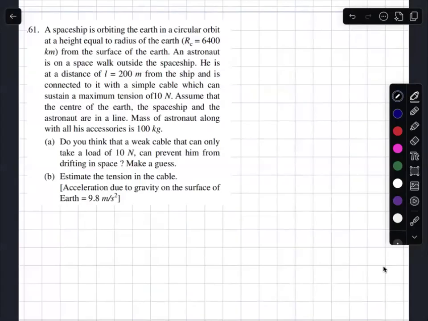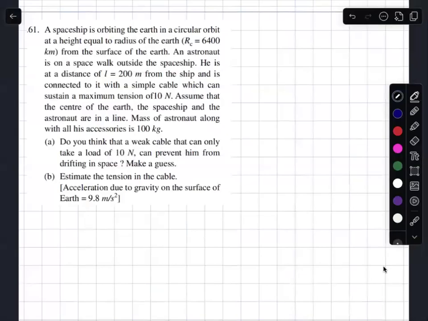Okay, fine, no issues. From the ship and is connected to it with a simple cable which can sustain a maximum tension of 10 newtons. Assume the center of the Earth, the spaceship, and the astronaut are in a line. The mass of the astronaut along with all his accessories is 100 kg. 100 kg is very small actually. He'll carry even more than that.